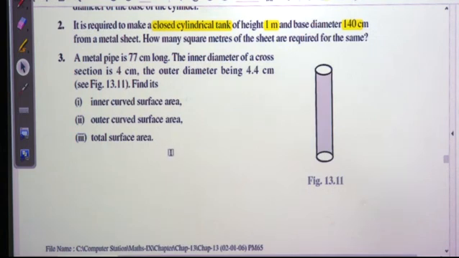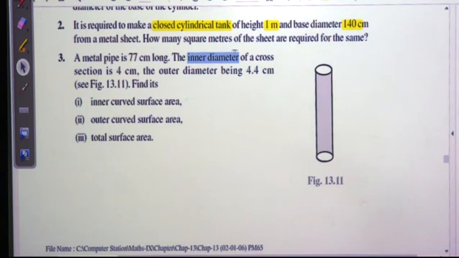A metal pipe is 77 centimeter long. There is a metal pipe which is 77 centimeter long. The inner diameter of a cross section is 4 centimeter. What is 4 centimeter?